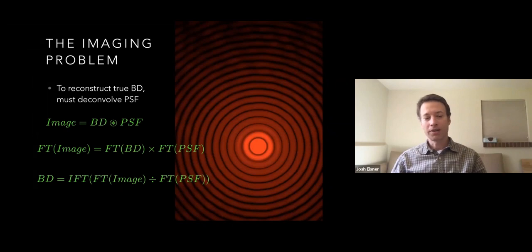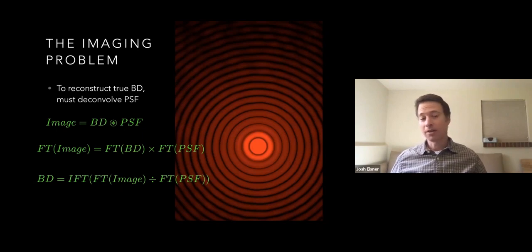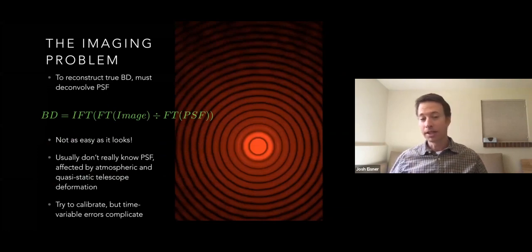So if you took the Fourier transforms of everything, you would say that the Fourier transform of the image is the Fourier transform of your sky brightness distribution times the Fourier transform of your point spread function. So you would just invert that equation and say, oh, I can recover the brightness distribution on the sky as the inverse Fourier transform of the quotient of those two quantities. Sounds simple enough. Of course, it is not really that simple.